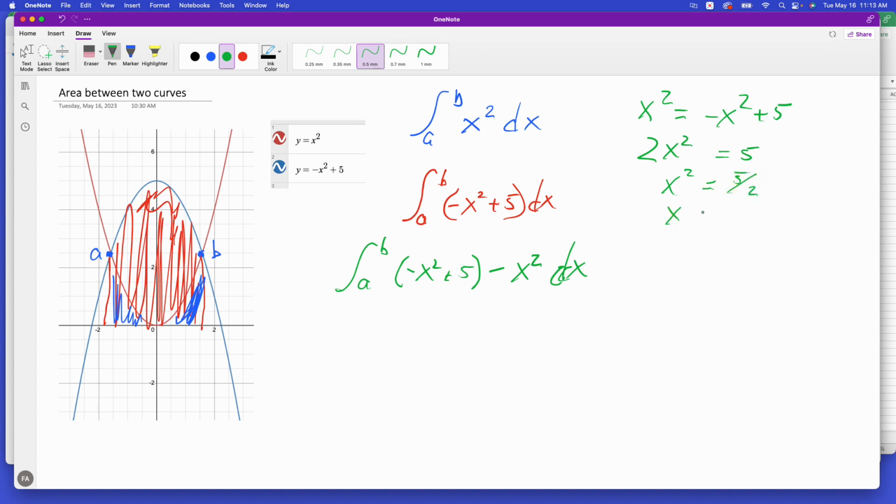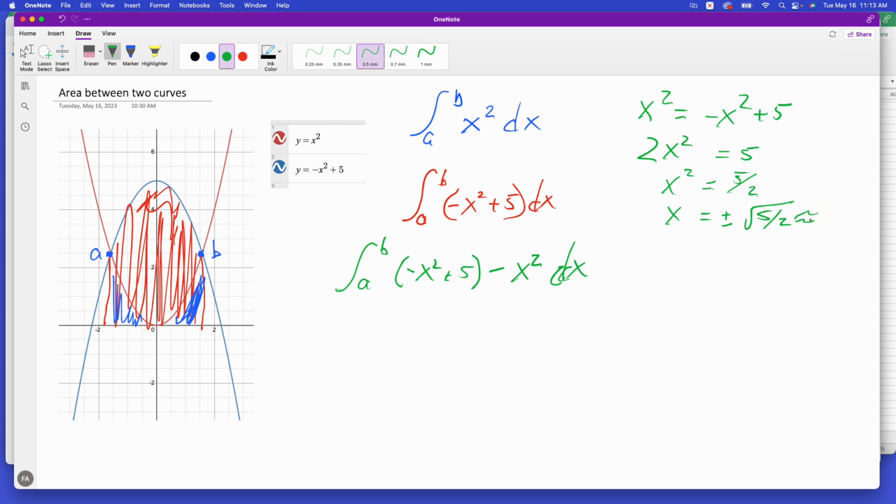That means that x is equal to plus or minus the square root of 5 halves. Now I have to put that plus or minus in there because I'm starting off with a square, which means there's two ways I could get 5 halves. I could do whatever decimal this is times itself, or the negative version of this decimal times the negative version of this decimal, which would also, in both instances, give me that positive value.